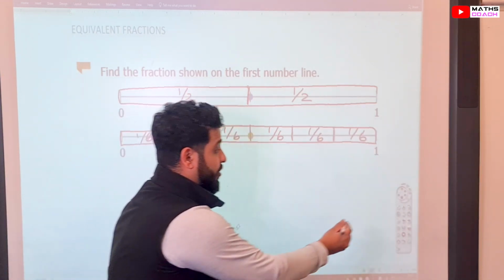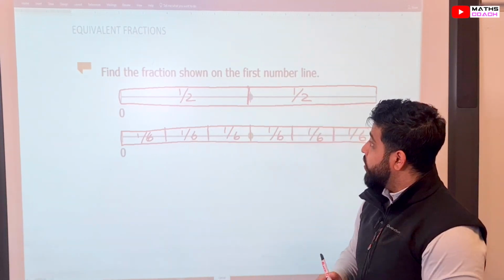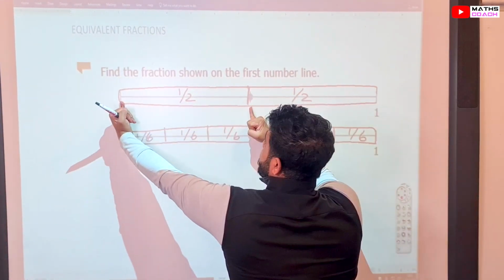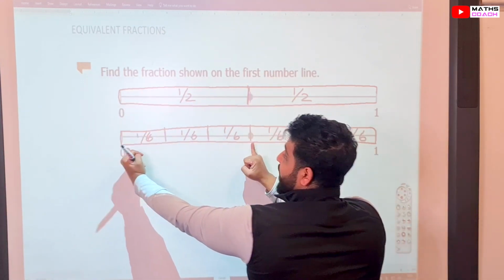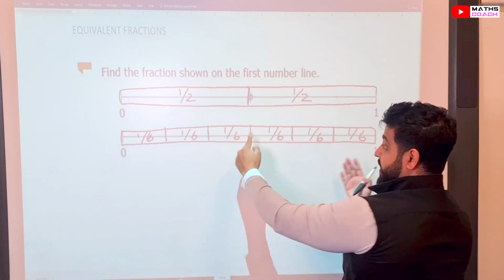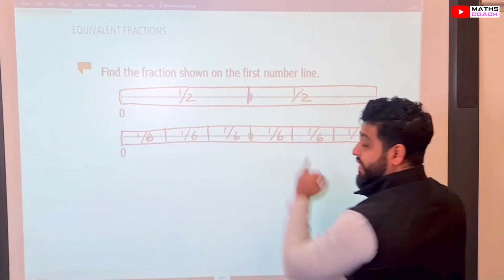I mentioned earlier on that some fractions are equal to each other, okay? So if you have a look at this, see here we've got a half. A half is equal to how many of these 1/6? Remember, this is the same point. It's halfway of this one. This is the halfway of this one, okay?